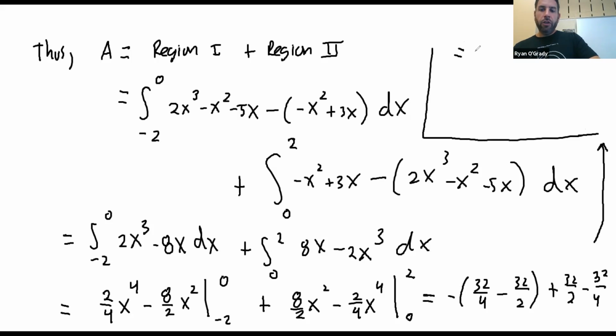Let's just go slow. It's minus, so inside here, you have 8 minus 16, right? And then over here, you have plus 16 minus 8. So what you end up with is what? You have +8 here, +8 here, so you get 16.